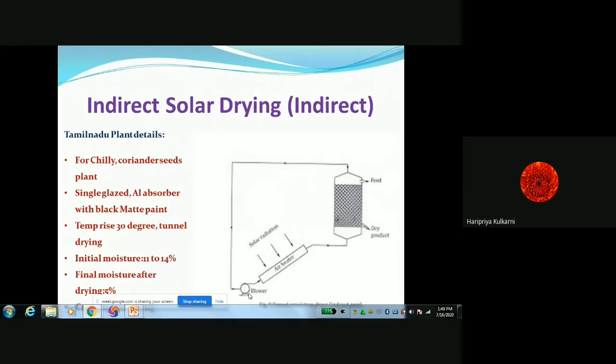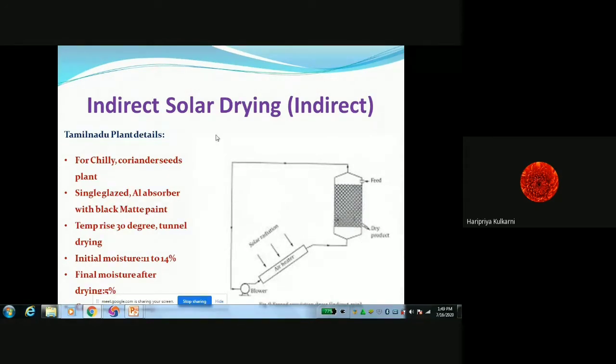Here it is a blower. So, cool air comes in, gets heated due to the sun radiations, and that heated air is passed with the help of a forced circulation using blower. It passes through the material to be dried, and again the cool air comes out. Okay, so this is a way how it could get dried.